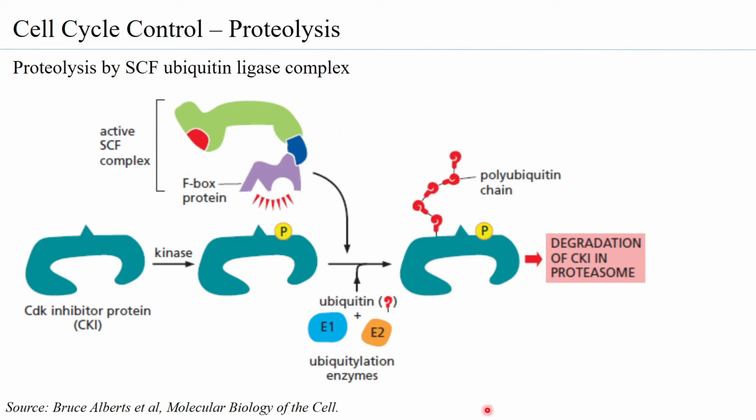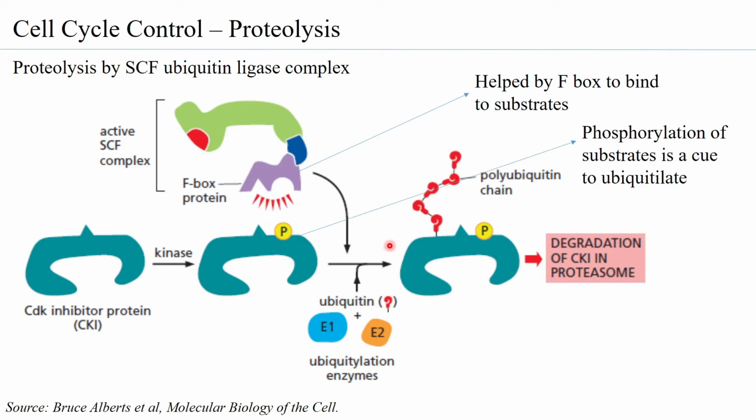So many CDKs which are in the active form but inhibited by the CKI are activated due to the SCF. So it is acting as an activator for many proteins.